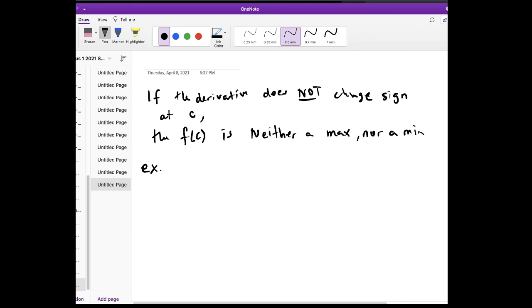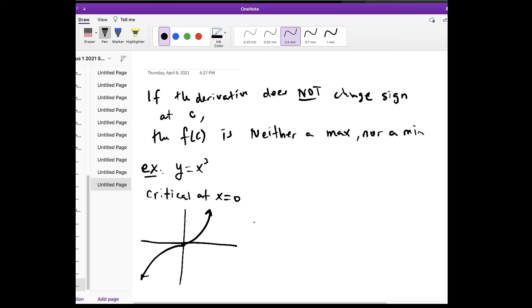Actually, we gave these examples earlier. Yeah, so it could be on an increasing interval. So for example, y equals x cubed, right? The critical number is at x equals 0, because that's where the derivative is 0. But it's not a max or a min there. And the other example we gave was cube root.